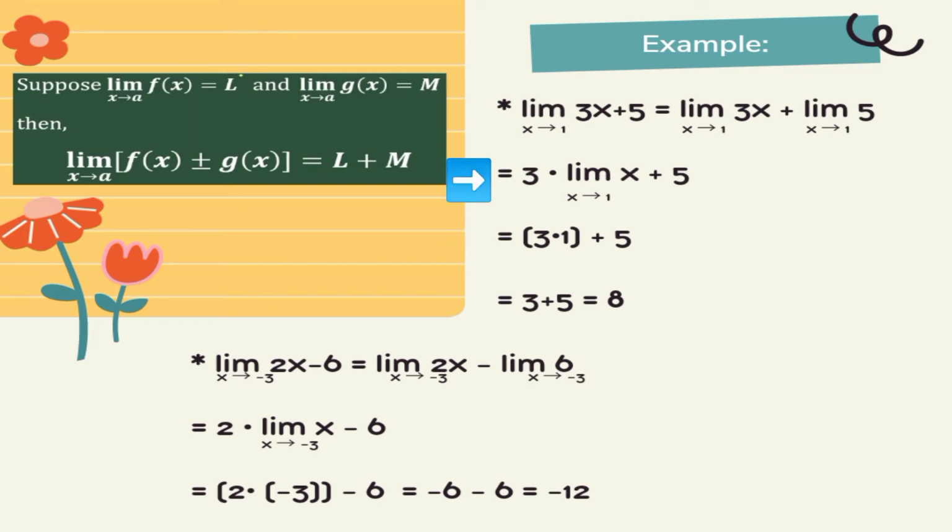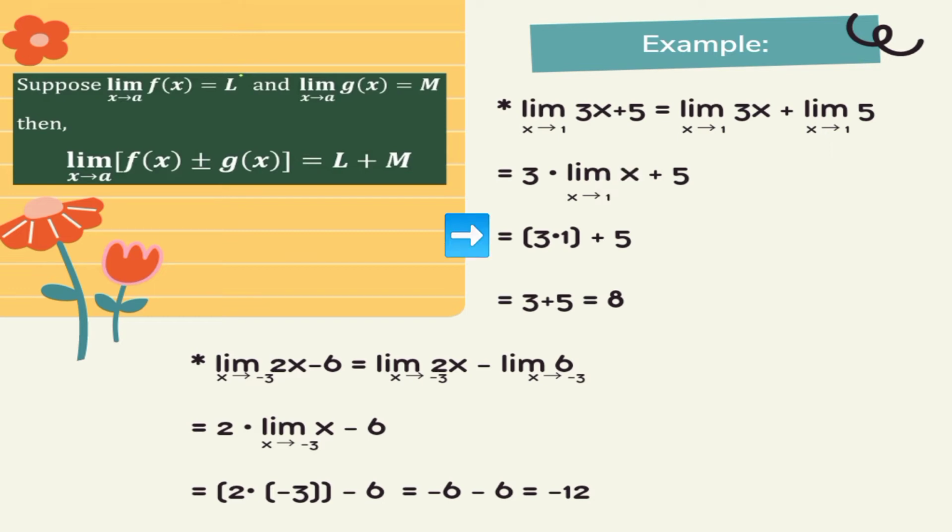Here in this part, we are going to apply theorem number 3. So we are just going to get the constant and then write what is left, the limit of x as x approaches 1. Then here we are going to apply theorem number 1. So we are going to copy the constant, which is 5.